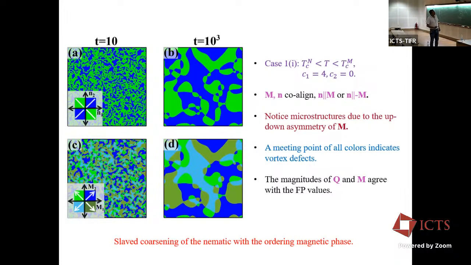What you have are junction points of two colors, which correspond to what are called half defects. Because in the magnetic field, you have a vortex or an anti-vortex. The counterpart in the liquid crystal is a plus half defect or a minus half defect.